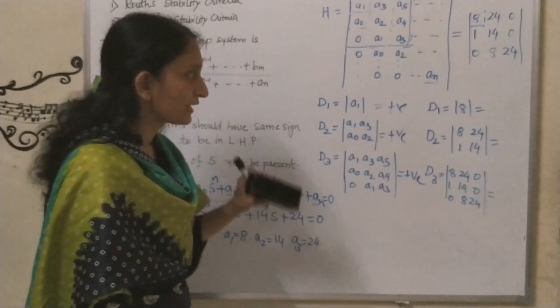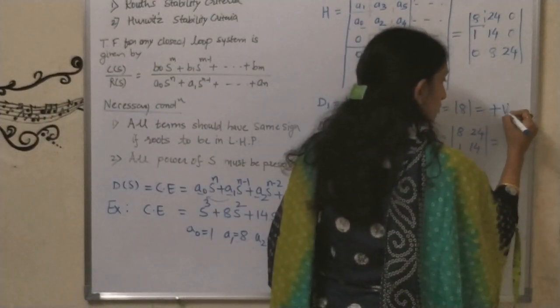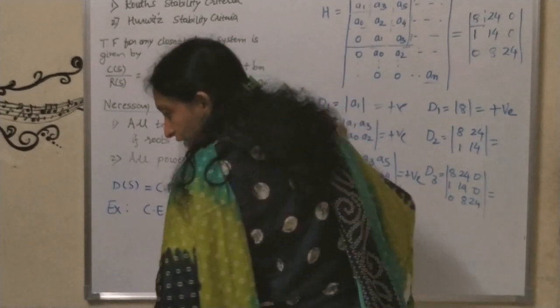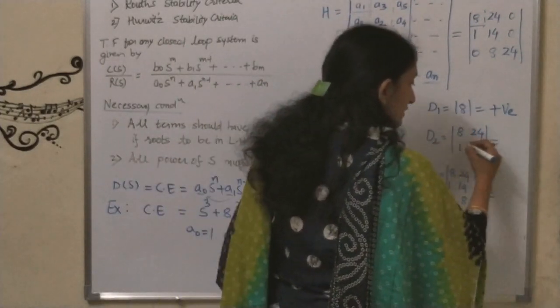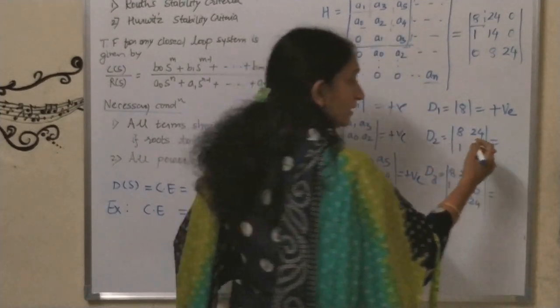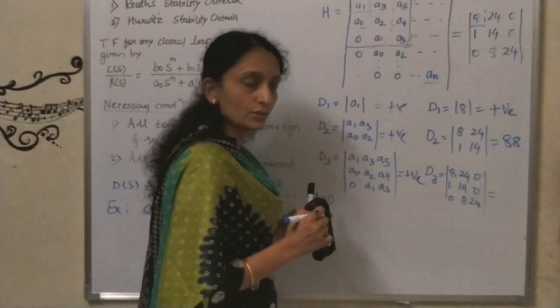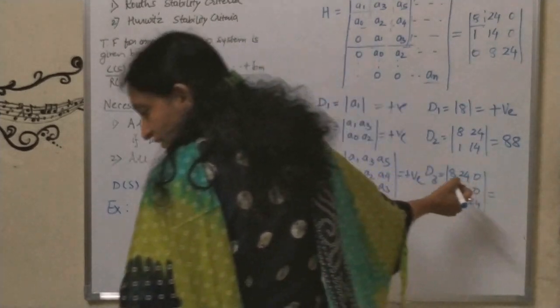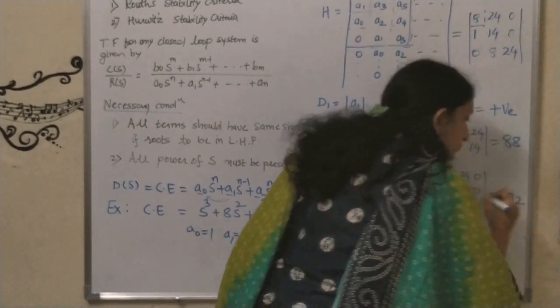Okay. Now we will calculate these subdeterminants. Look at this. This 8 is positive. So the first subdeterminant is positive. Then I am directly substituting the answer I have. Look at this D2. You need to multiply. I have the answer. D2 is equal to 88. Okay. Now the answer for D3 I have is 2112.